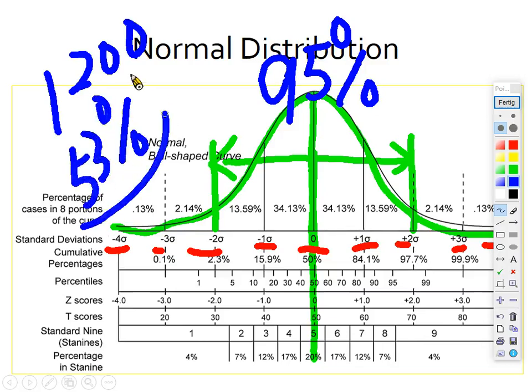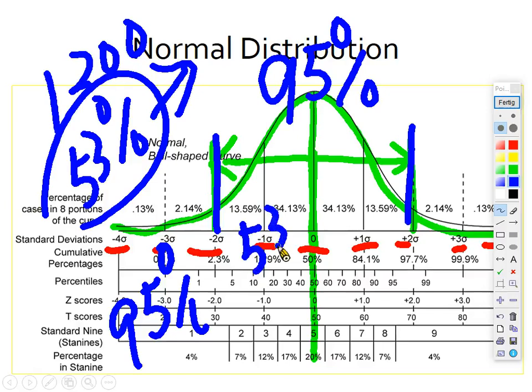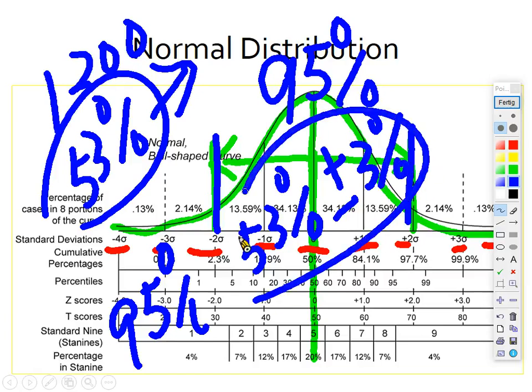This is from the sample, right? But they want to estimate the population. They would always say that, within a 95% confidence level, the satisfaction of the population will be somewhere between 53% plus or minus 3%. They're always expressing it in this way.